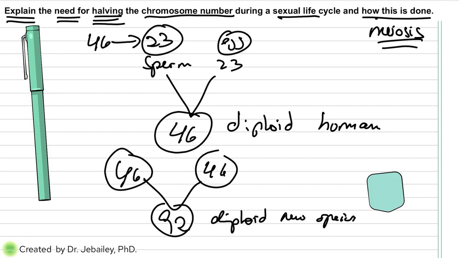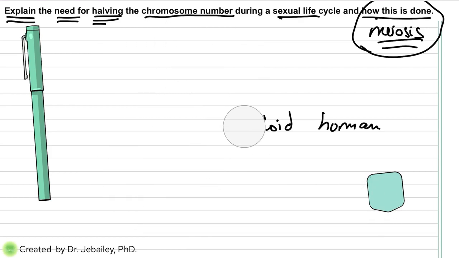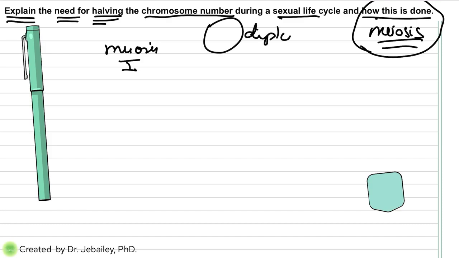Now, when it comes to how meiosis is done, it's basically what I just explained in the previous slide about meiosis. You talk about the steps of it. Just to generalize what meiosis looks like, you can say that meiosis has meiosis 1, in which you start with a diploid, usually 46, and then you go through prophase, metaphase, anaphase, telophase, all of them being 1.